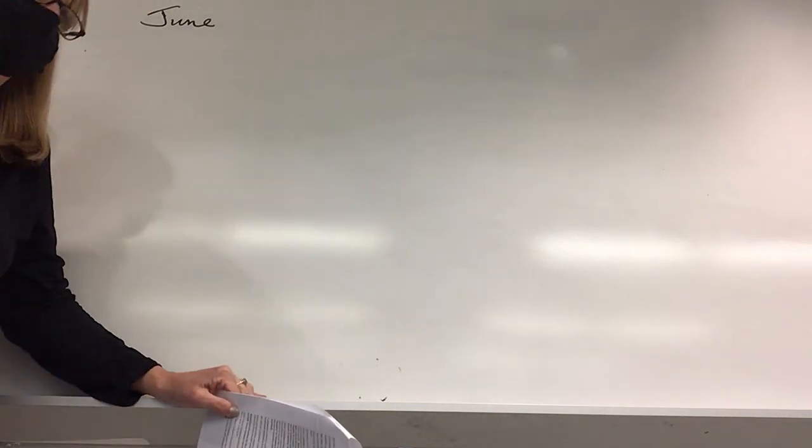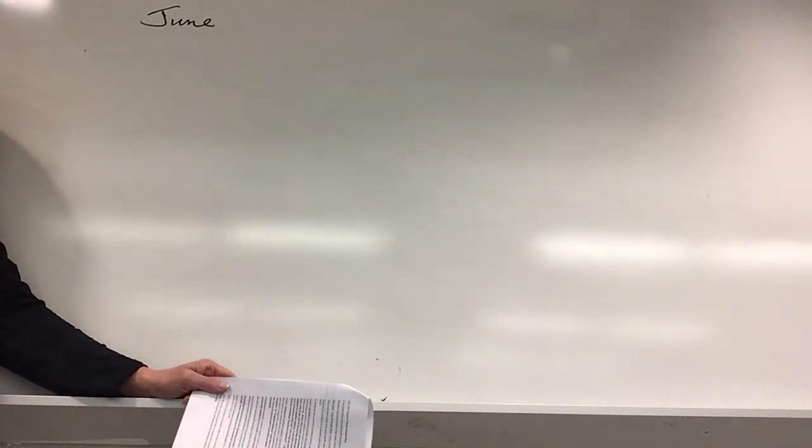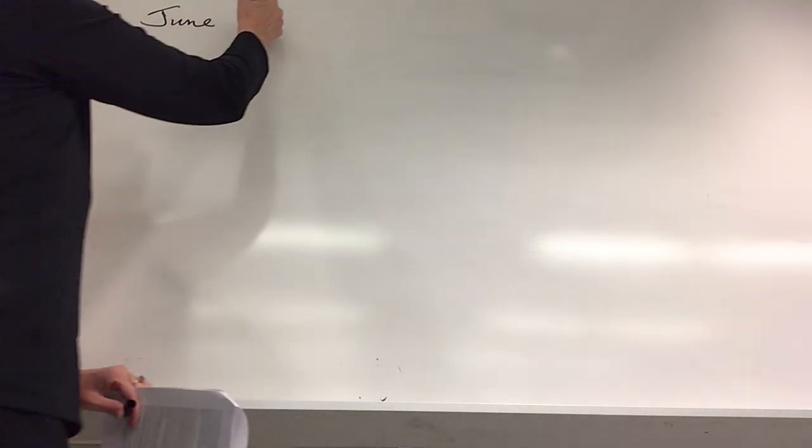So on June 1st, we bought some inventory, okay? So we bought $10,000 in inventory on account. So what happens in chapter 2 if we bought some asset on account? What happened when we bought supplies on account? What would we do? Accounts payable. We would debit this asset and we would credit accounts payable.